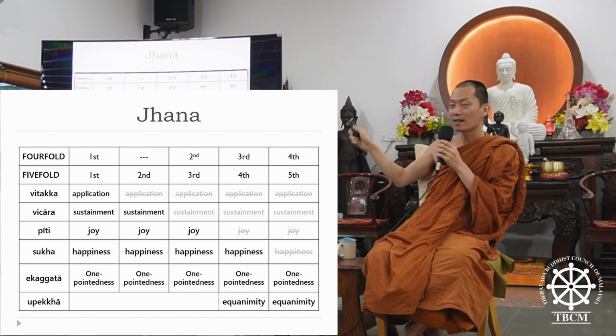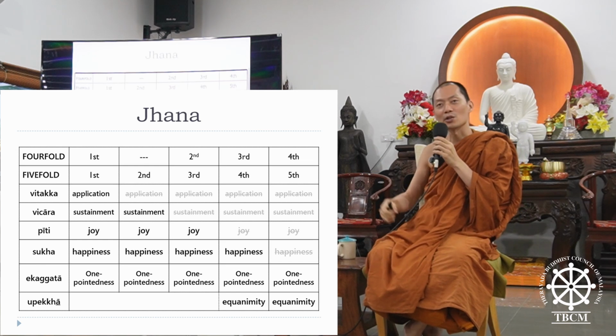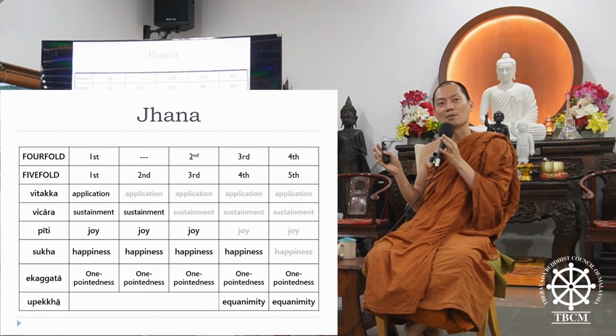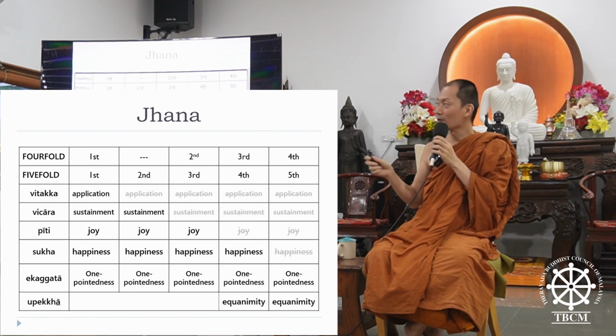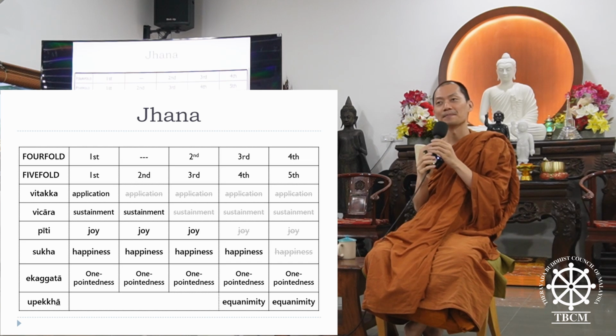The second level of concentration will have joy, happiness, one-pointedness, mainly joy and happiness. So the first and second levels of concentration have about the same emotion, joy and happiness, all mixed together like rojak. But the difference is there's no more application and sustainment of thought.